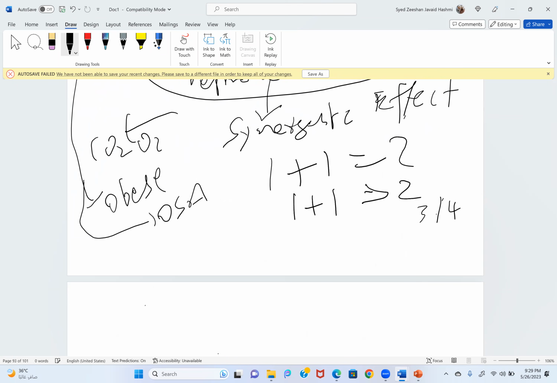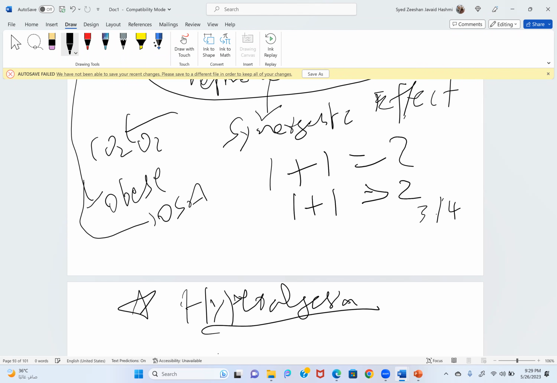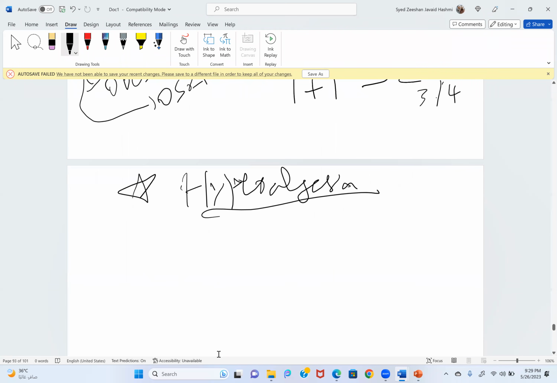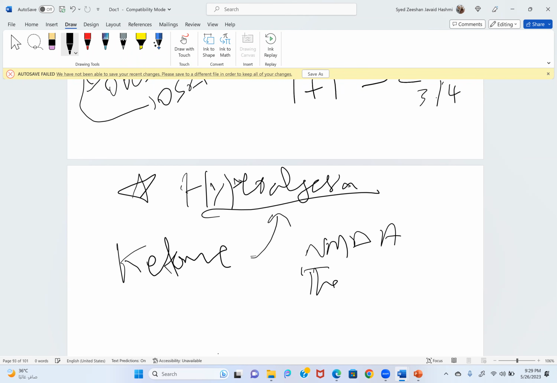Then another problem is hyperalgesia. Okay, opioid induced hyperalgesia. So there is a role of ketamine. Okay, you can read the text about it, that ketamine has very good effect in counteracting opioid induced hyperalgesia. It has effect on NMDA receptors in the thalamus. Okay, and it is a good way to control hyperalgesia.